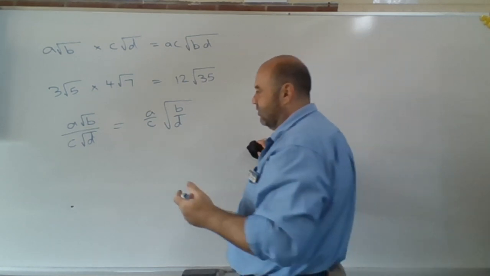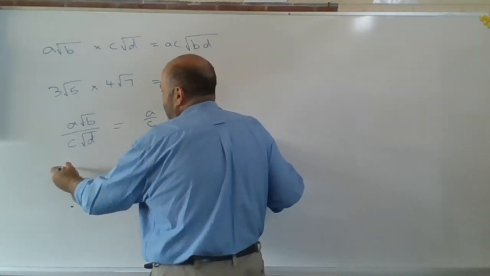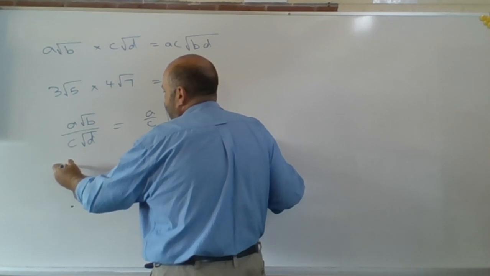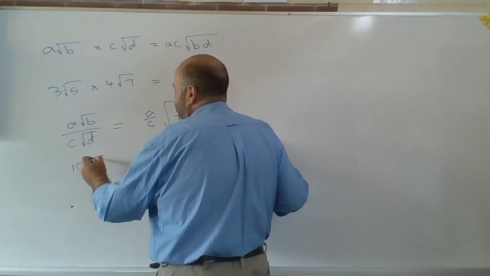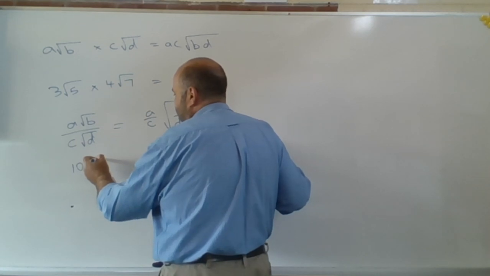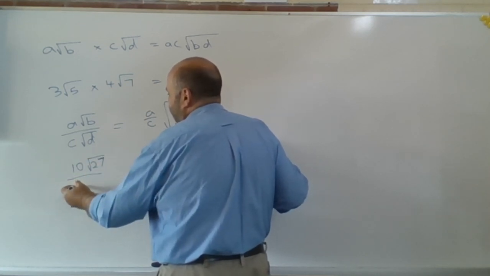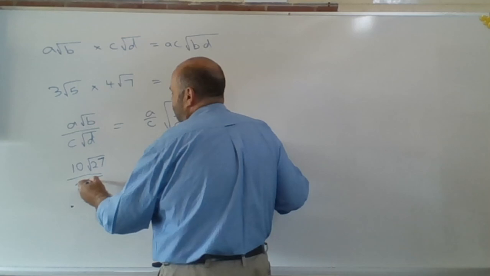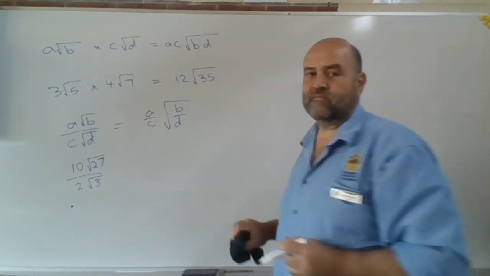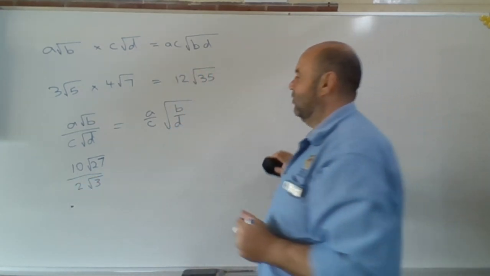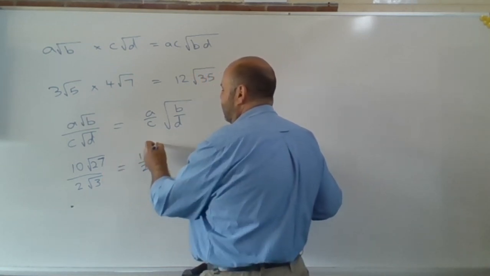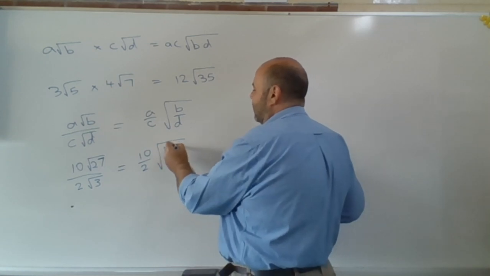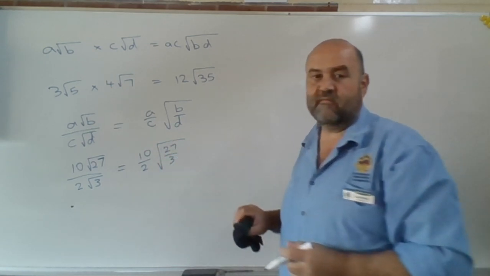So a practical example, if I had, say, 10 root 27 divided by 2 root 3, that would work out to 10 divided by 2 times the square root of 27 divided by 3.